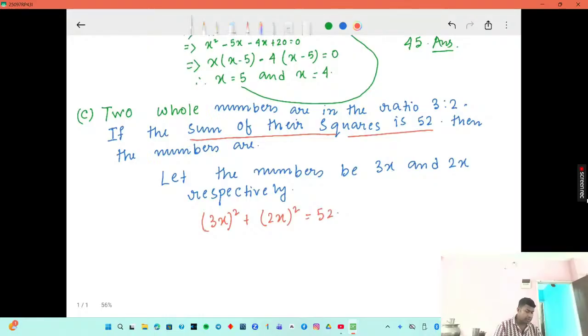So now we have to solve this equation in order to find the value of the numbers. And to find the value of the numbers, we have to find the value of x.